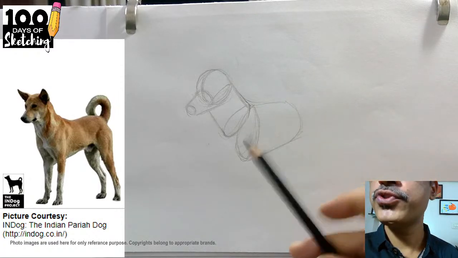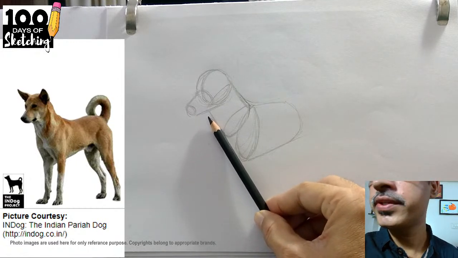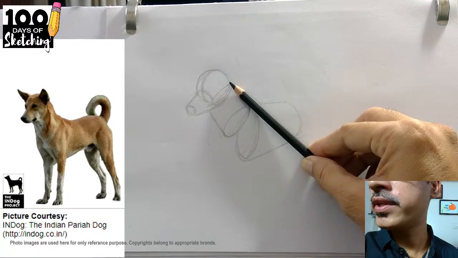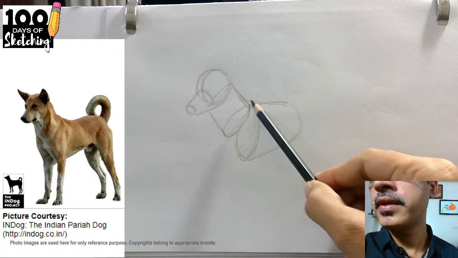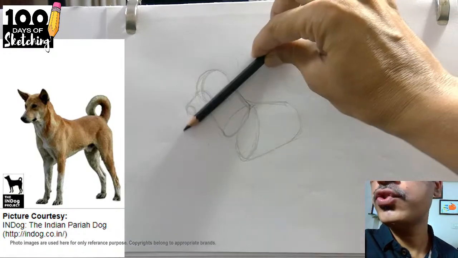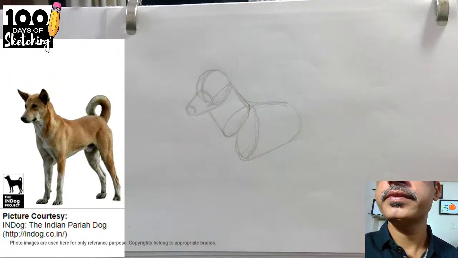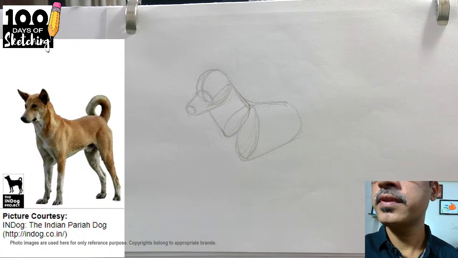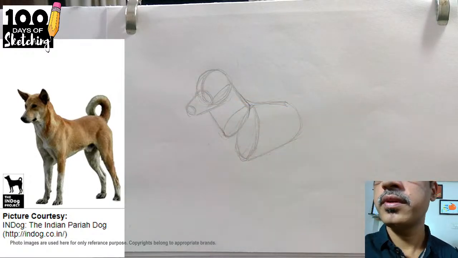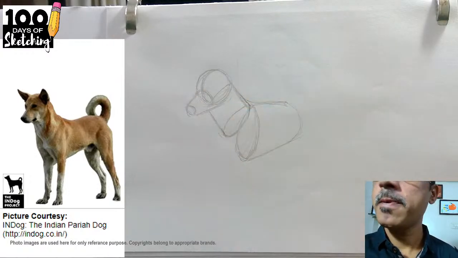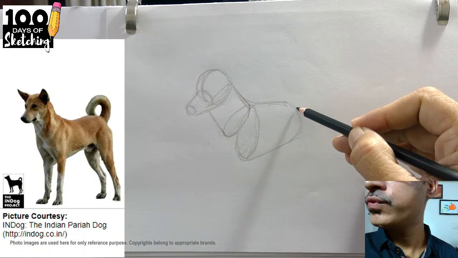While doing this, I'm just observing the angles. This is the neck angle, and this is also there, plus the curvature and the spacing I'm seeing here. I just checked the angle of the face portion, specifically the mouth, and here again there is one more.